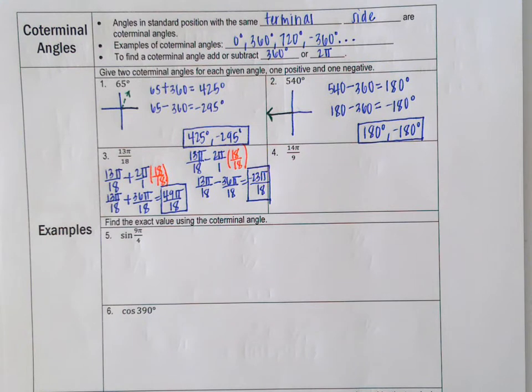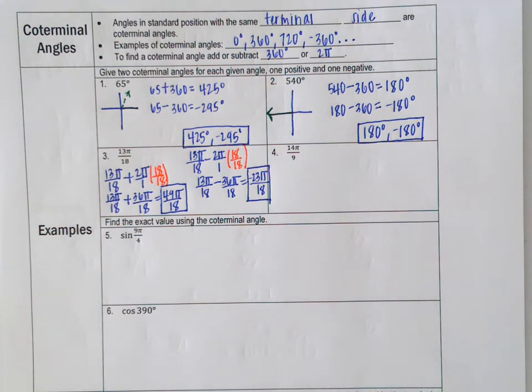So 14 pi over 9, if you want to try it, it's just like number 3. I was thinking it was like number 2, but it's not. You can do it on your own. Come back, try it, or make sure you did the right work, and then I'll do it right now with you.